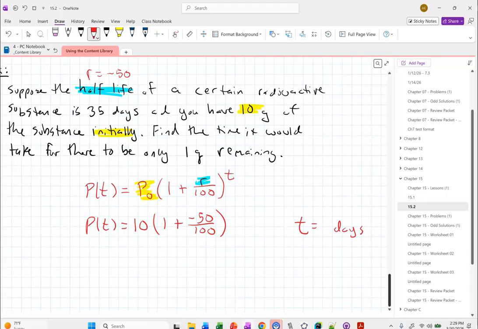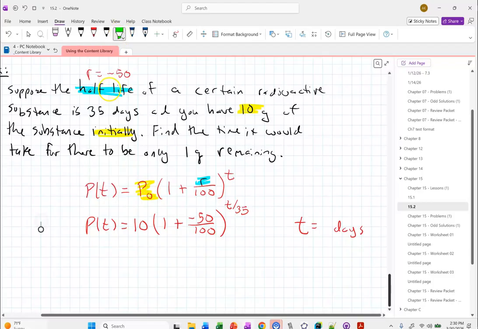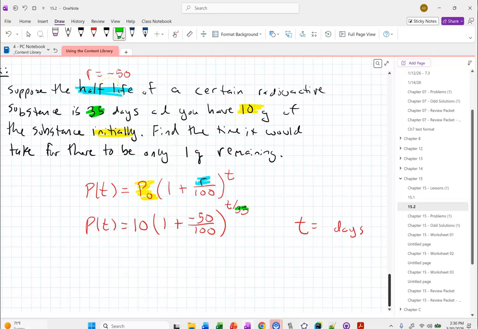So in 1 day, we get 1/35. So my exponent should be t over 35. Is everybody okay with that? In general, whatever the half-life is can just be the denominator of your exponent.